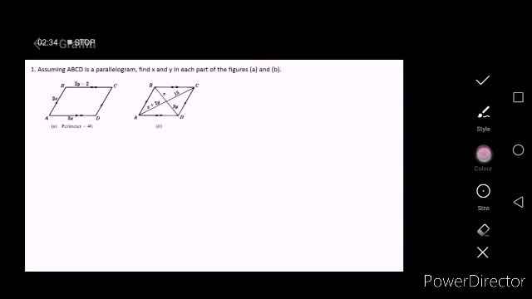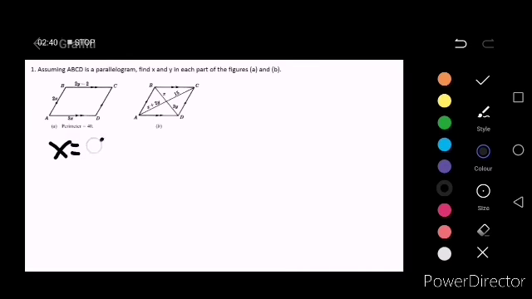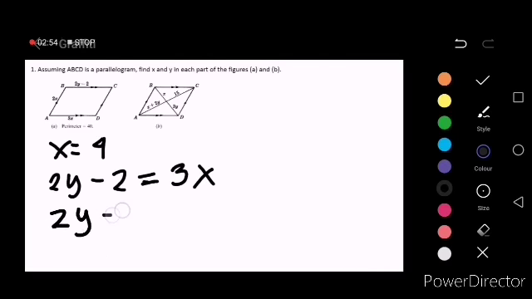Ayan, dyan na pumapasok yung gamit ng 2y minus 2. Because a while ago, we did not use 2y minus 2. But since we all know that x is equal to 4, we can now say that 2y minus 2 is just equal to 3x. Tama naman, di ba? 2y minus 2 is equal to 3x kasi opposite side sila ng parallelogram. Now, we can solve for y. But why? Okay?